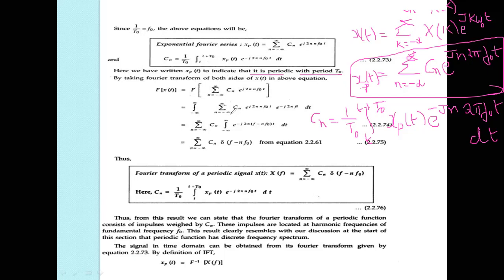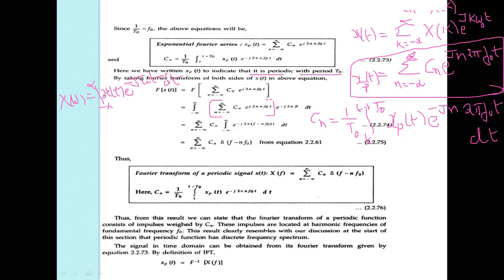That signal is the sum of n equal to minus infinity to infinity Cn e power j 2 pi n f naught t, the total signal of x of t, my dear students. The Fourier transformation definition says the integral from minus infinity to infinity of x of t e power minus j omega t dt.